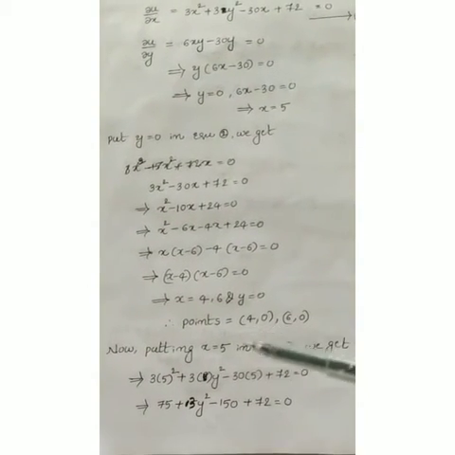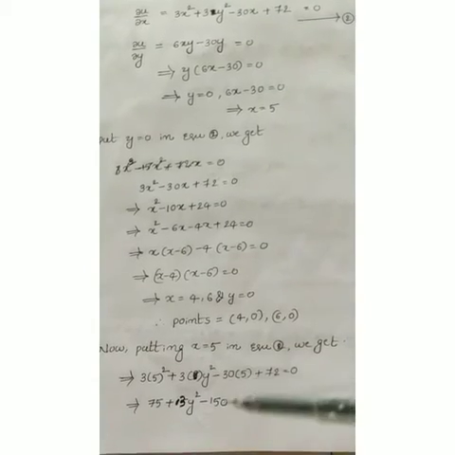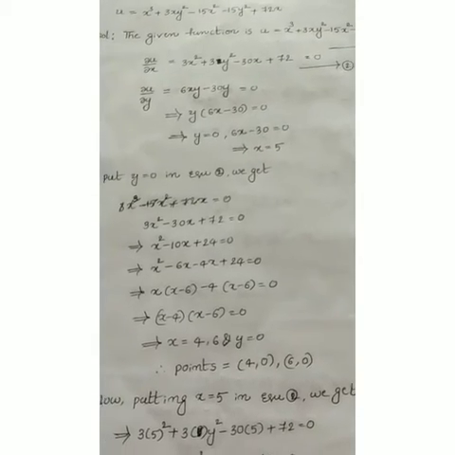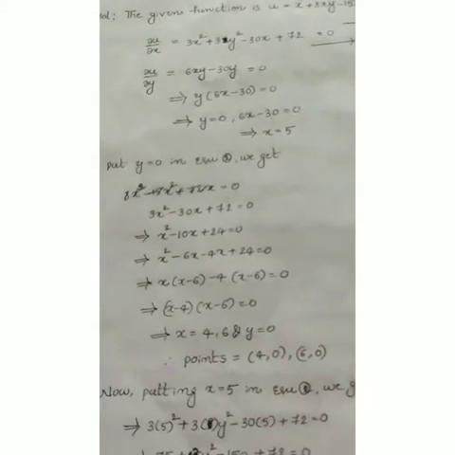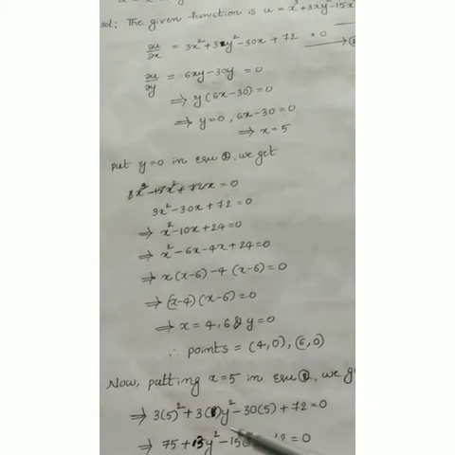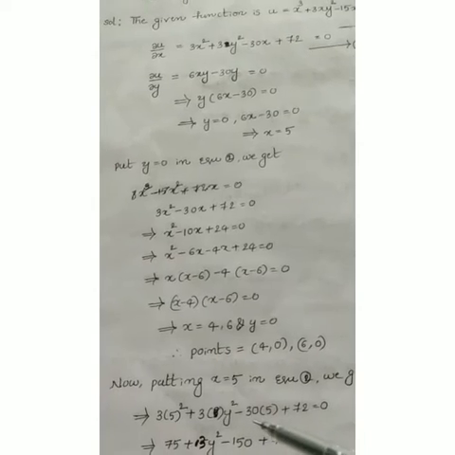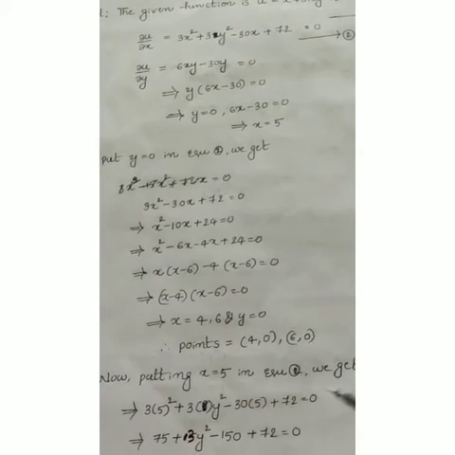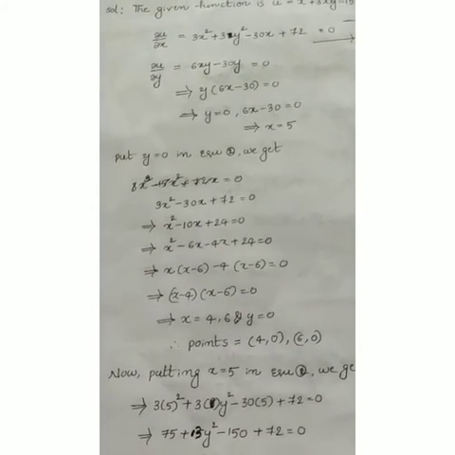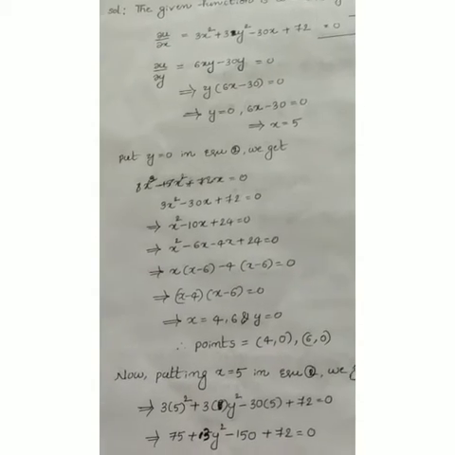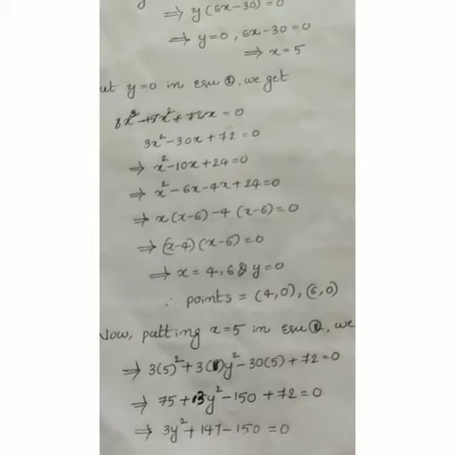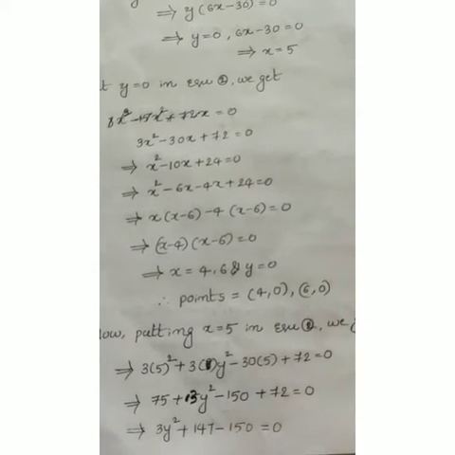Now putting x equal to 5 in equation 2, we get 3 into 5 square plus 3y square minus 30 into 5 plus 72 equal to 0, that is 5 square, 25 into 3 is 75, plus 3y square minus 30 into 5 is 150, plus 72 equal to 0, that is 3y square plus 147 minus 150 equal to 0.